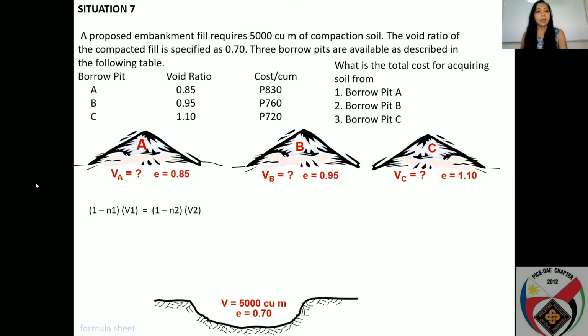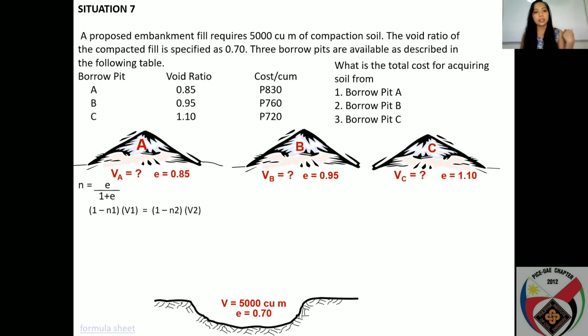Now, to proceed, since I only have the void ratio at the borrow pit, I should first solve for the porosity of the borrow pit. The formula for porosity in terms of e is relationship A: N is equal to e over 1 plus e.